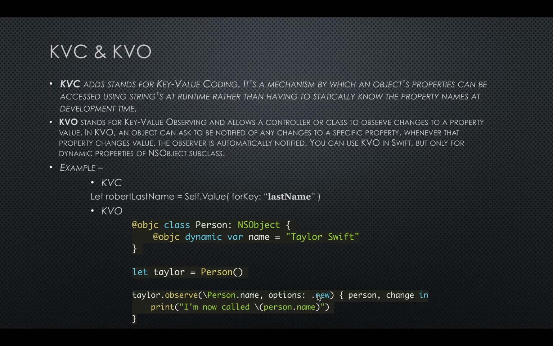If you write options .new, then whatever changed name is provided to name, you will get that in this block of code. So KVO means you can observe any changes being done on a particular property.